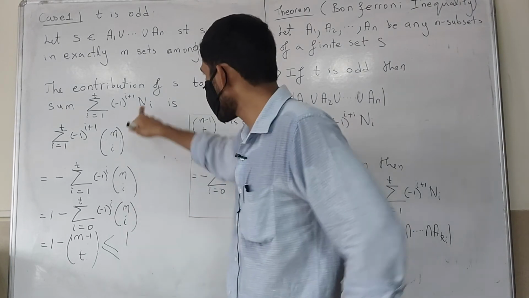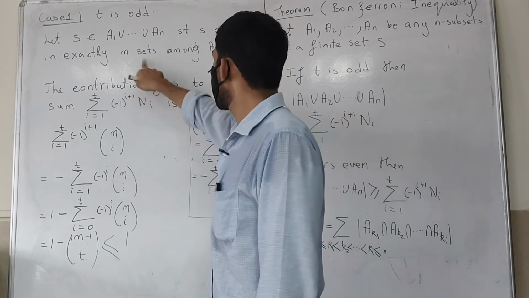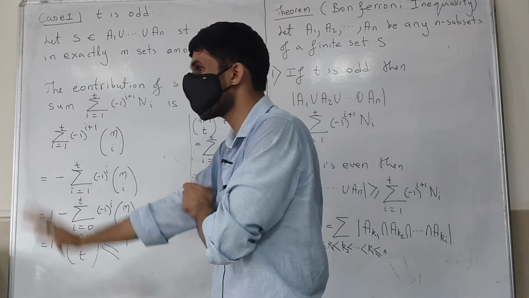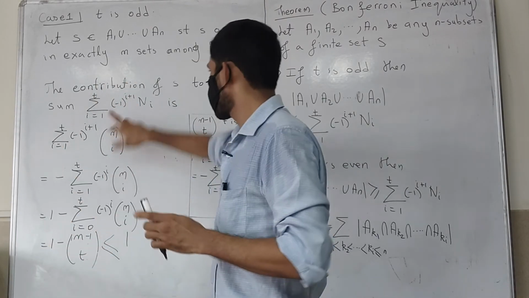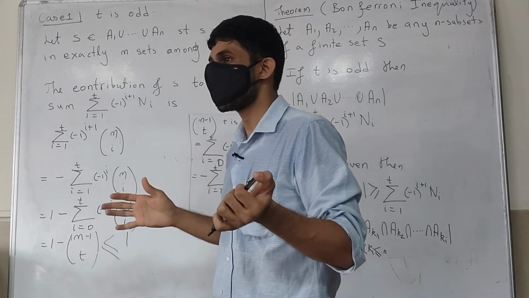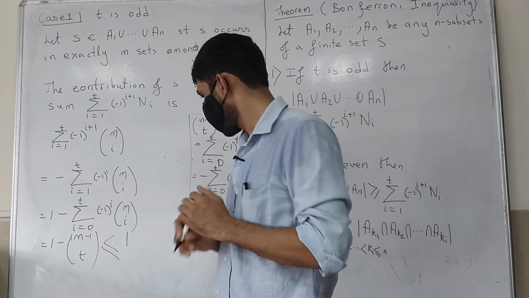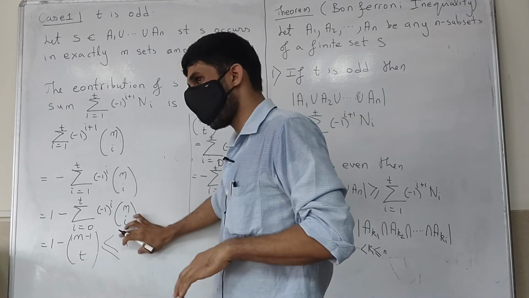It depends on what appears. These 1 to t is what you are looking at. You are not taking all the different possible intersections. So this is anyway less than or equal to 1.